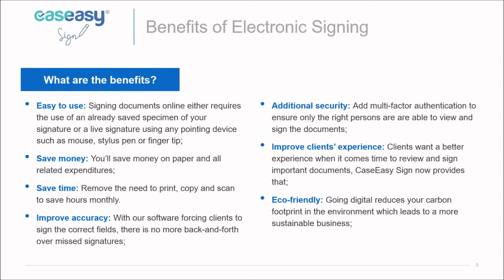Just the simplicity of the platform, it's really going to help to improve your process. Another benefit is you're going to save money over time, right? So if you're spending money currently on paper or on print cartridges, you're going to save that money because everything's going to be online and you're going to benefit over the long run.